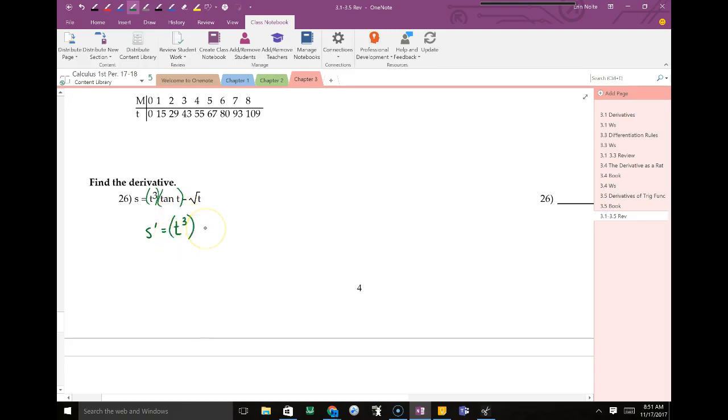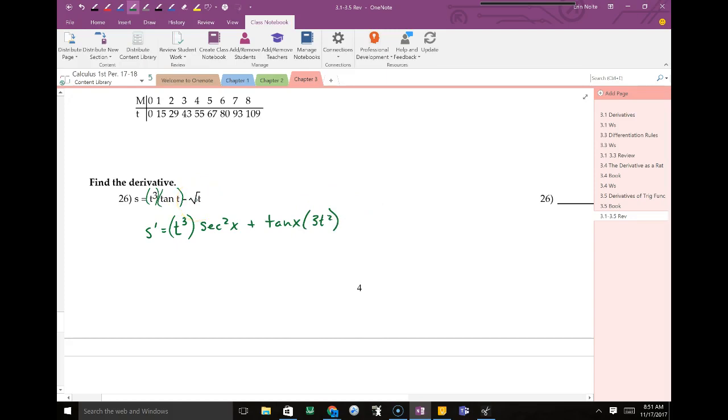D second: what's the derivative of tangent? Secant squared, good. Plus my second, which is tangent, d first. What's the derivative of t to the third? 3t to the second.